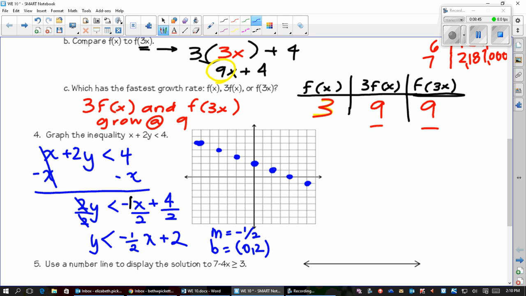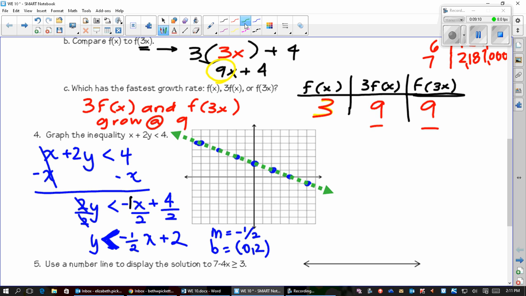Okay, now, if that boundary line is included as part of the solution, then I would make it a solid line. Because this is a less than and not a less than or equal to, then it's not going to include that boundary line. So I'm going to make this a dotted line to let me know that my shading should go right up to that boundary line, but not include that boundary line.